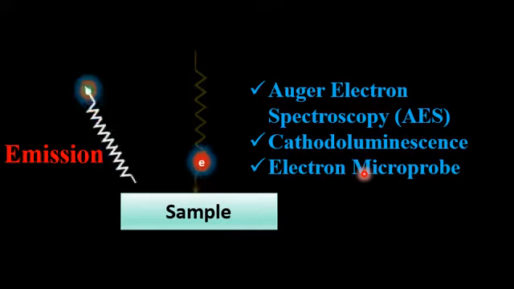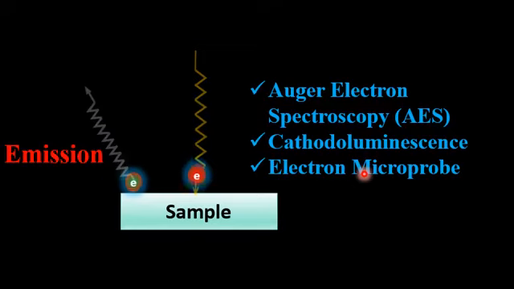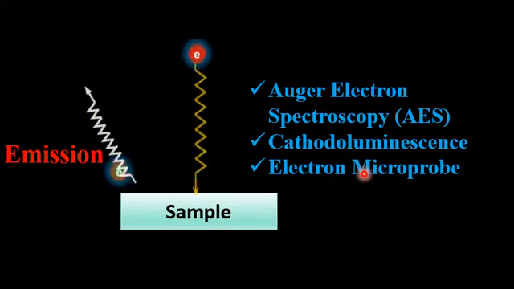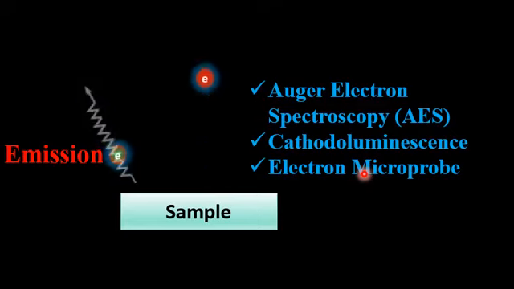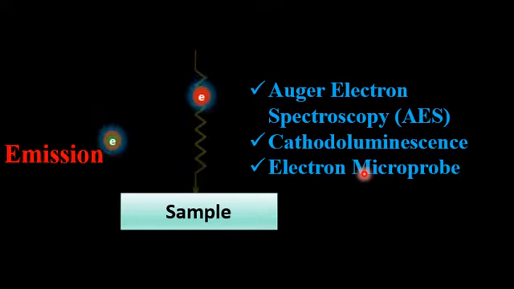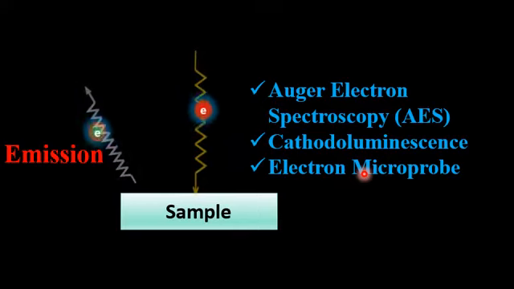If I summarize, when the energetic electron beam interacts with matter, the incident electron beam may cause reflection, transmission, or absorption, or emission of additional electrons or electromagnetic radiation from the sample surface.